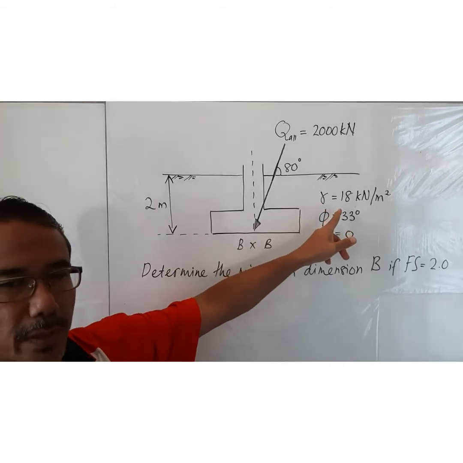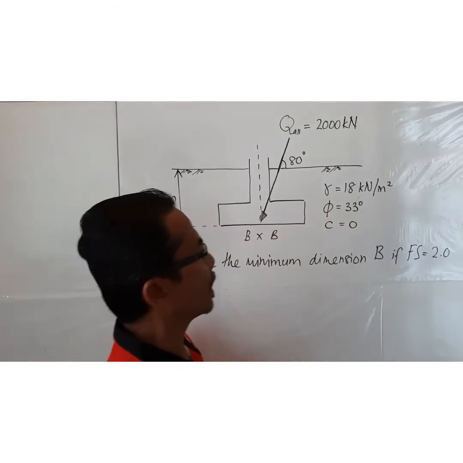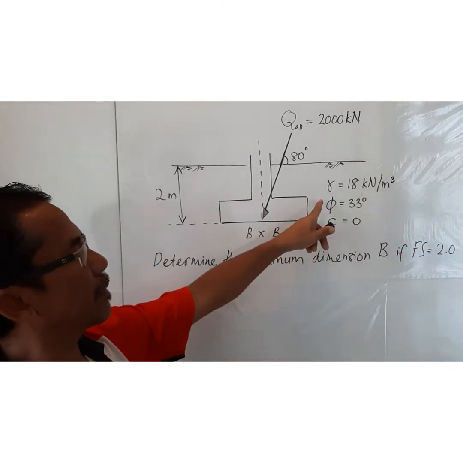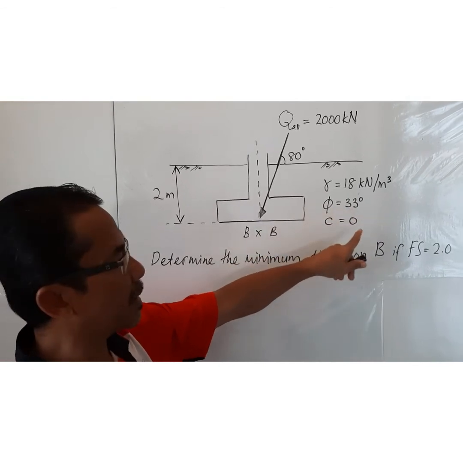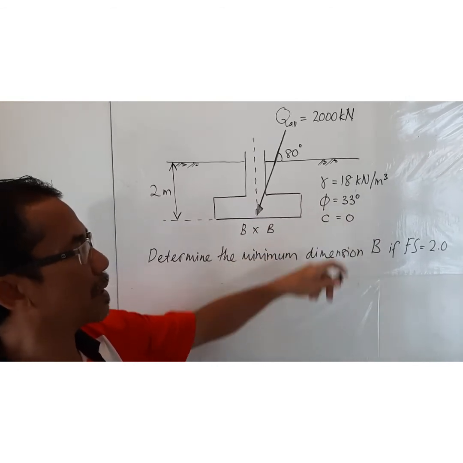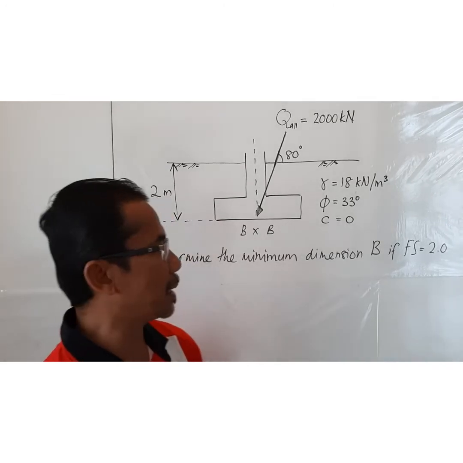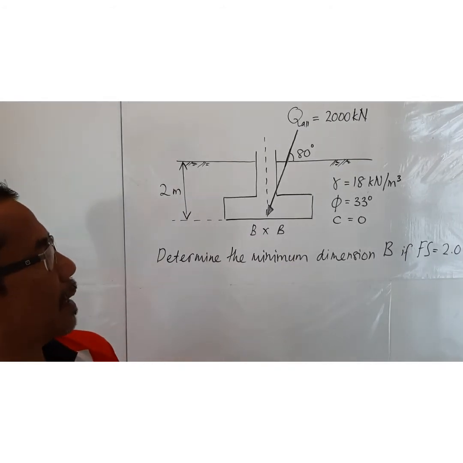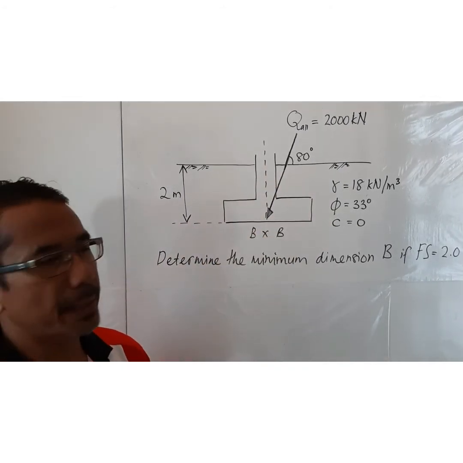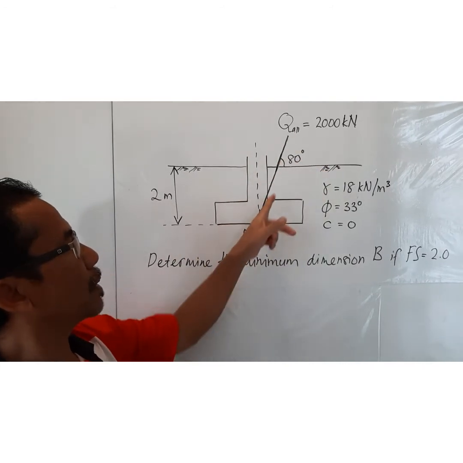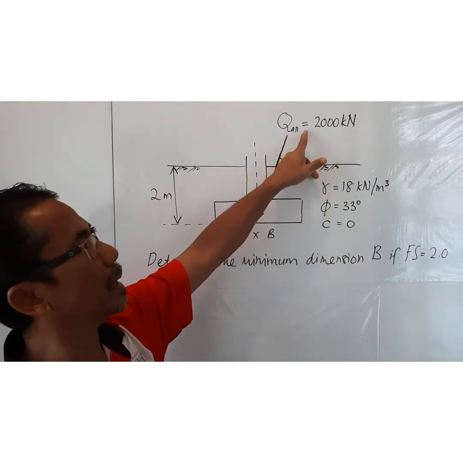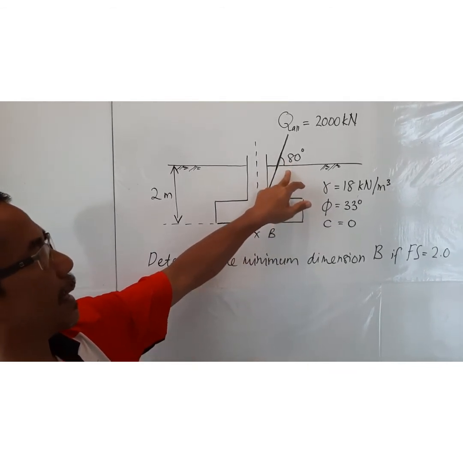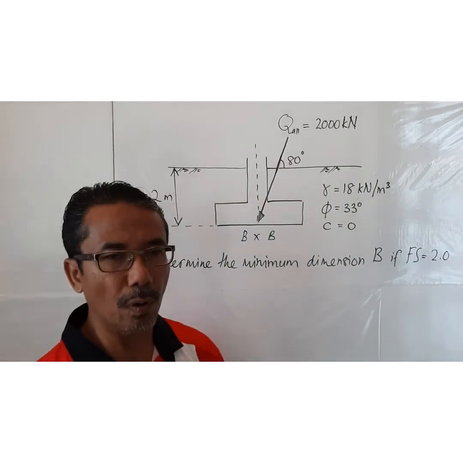Unit weight is 18 kilonewton per meter, sorry, should be kilonewton per meter cube, right? The internal friction angle of the soil equals 33 degrees, and the cohesion is equal to 0. When the cohesion is 0, the soil is granular or non-cohesive. On top of that, this footing is subjected to an inclined load, Q allowable, that is the allowable load, equal to 2000 kN, and this load is inclined at an angle of 80 degrees with respect to the horizontal.